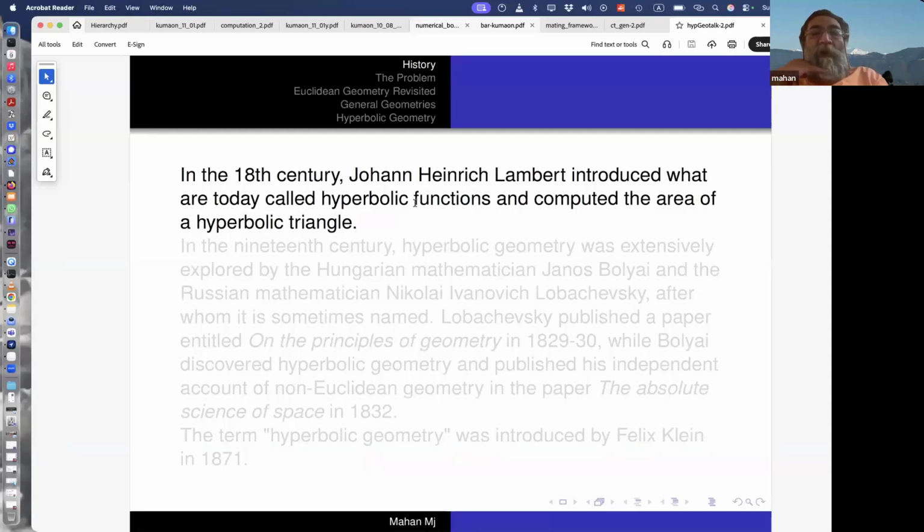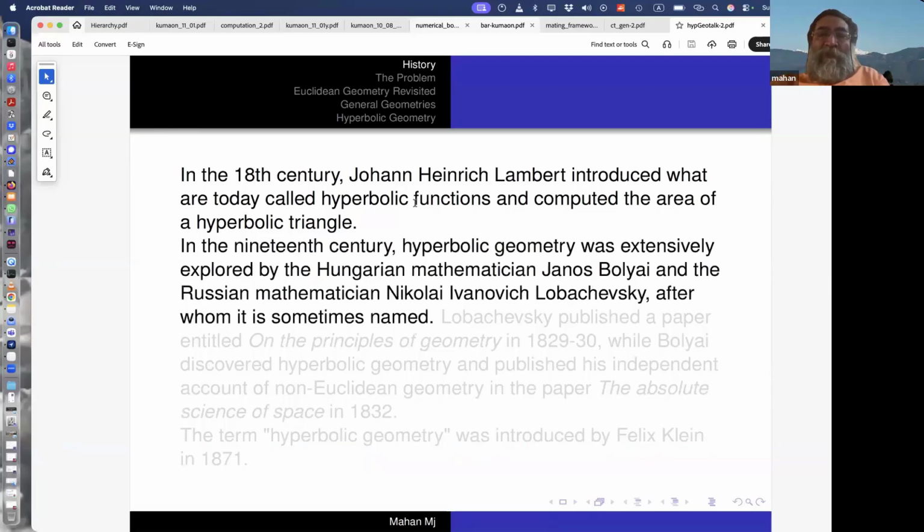Lambert introduced what we call hyperbolic trigonometric functions in the 18th century, and in today's context, he computed the area of a hyperbolic triangle. And then in the 19th century, hyperbolic geometry was extensively explored by two mathematicians, János Bolyai from Hungary and Lobachevsky from Russia. And this kind of geometry is often named after Lobachevsky.